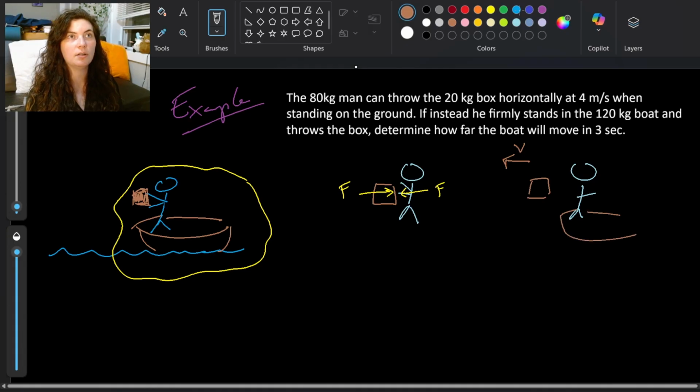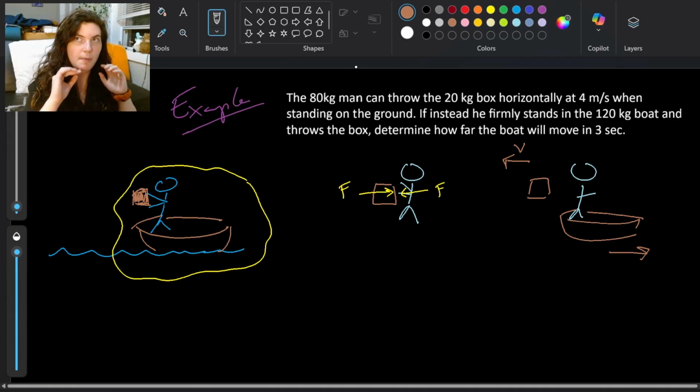But because they're sitting in the water and not on solid ground, and you may have seen examples of this in real life before, like when you're pushing off a dock or when you're in a boat and you're trying to grab on and you just can't get any traction, the boat and the man are going to move in the opposite direction. Because of that force of them coming apart, that man throwing the box moves the box forward and moves the man back. Man and the boat go in the opposite direction.